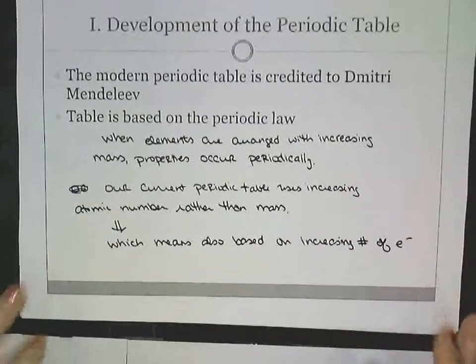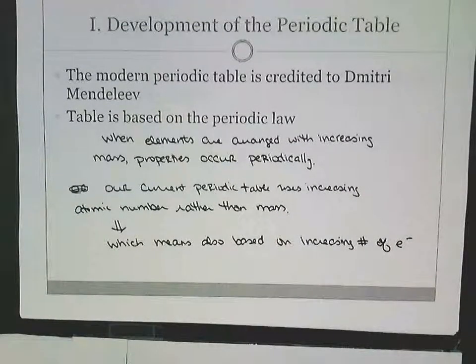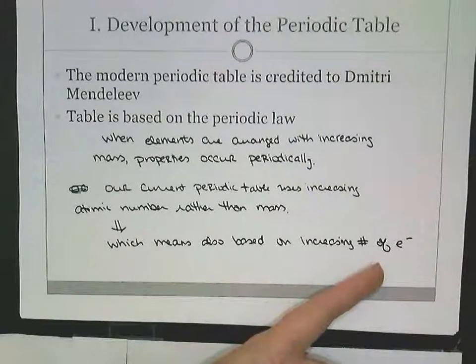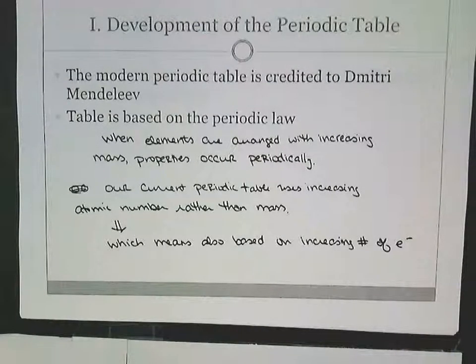So if the atomic number is increasing, really it's the same thing as saying it's based on increasing number of electrons.